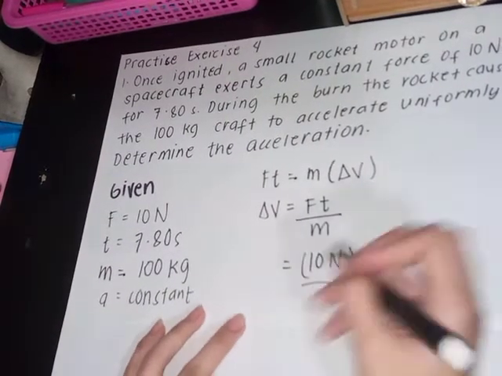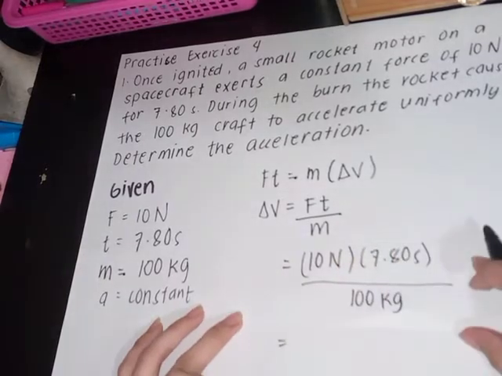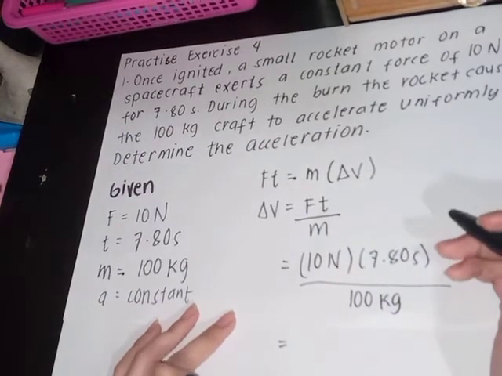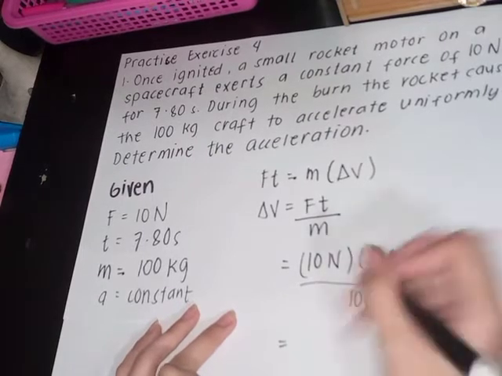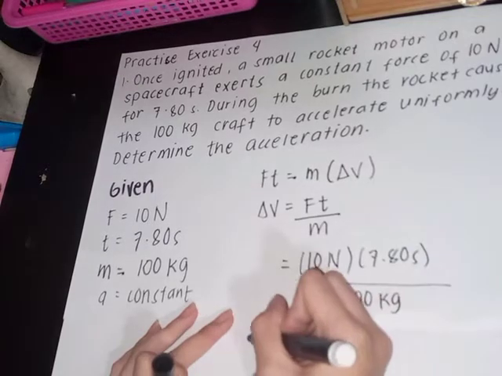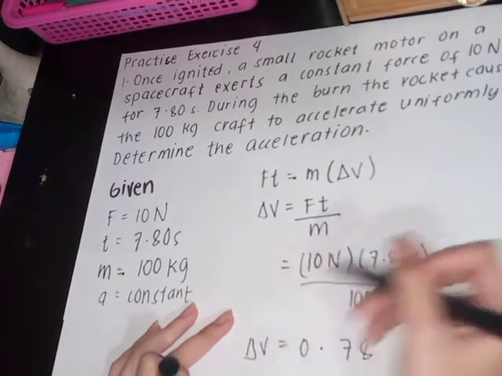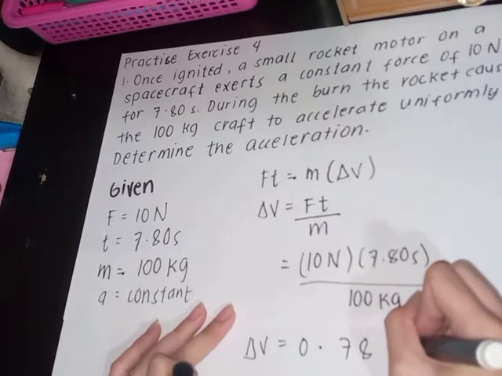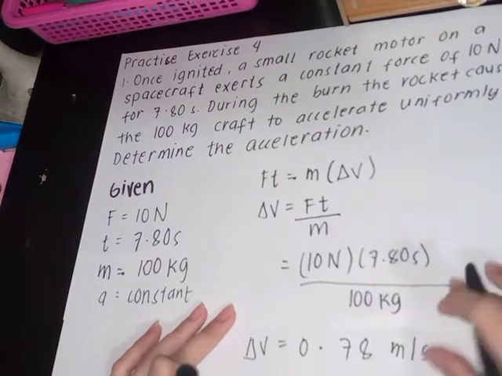So, 10 times 7.80 over 100 kilogram is 0.78. So, the changes in velocity is 0.78 meter per second.